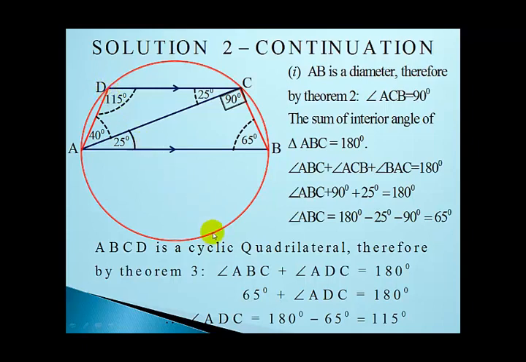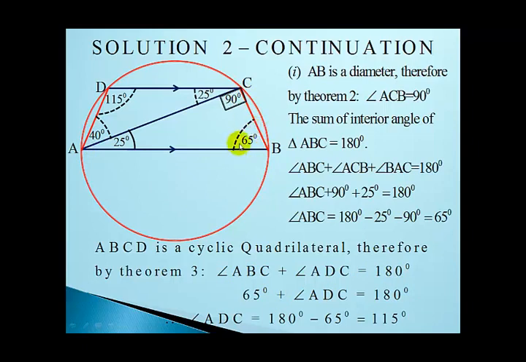Now we know that the sum of the opposite angles is 180 degrees. So angle ABC, the angle at B, plus angle ADC is equal to 180 degrees because they are opposite angles in the quadrilateral. Now angle ABC has been calculated and we have 65.